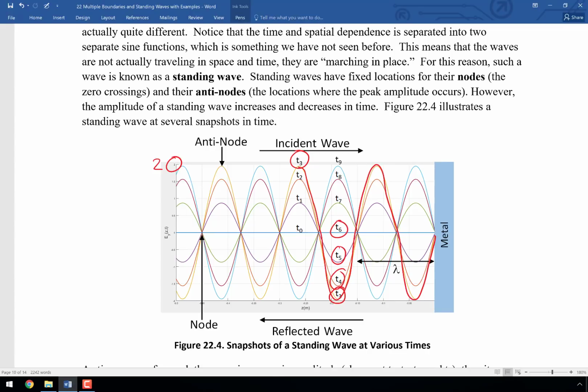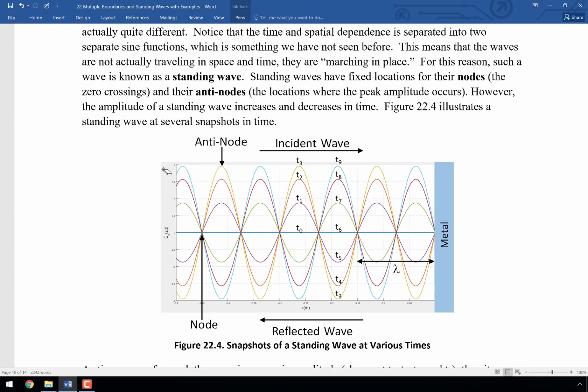Then as time continues even further, it's going to increase in amplitude, but in the opposite direction. So we've introduced a 180-degree phase shift, or a negative sign, and that negative sign means that no longer are we peaking here, but now we're peaking here. And so that standing wave has flipped direction. It has flipped by 180 degrees, and no longer is it peaking in the column where it was. Now it's going to peak in the next column. And then, of course, at t10, 11, and 12, we're going to go back down to 0, and then the cycle is going to repeat again.